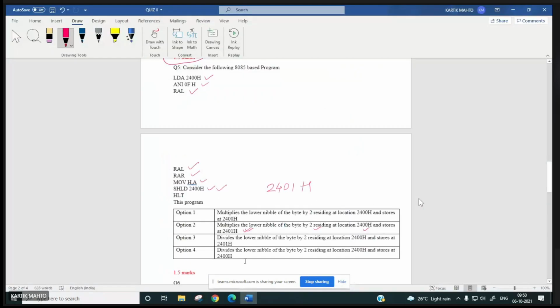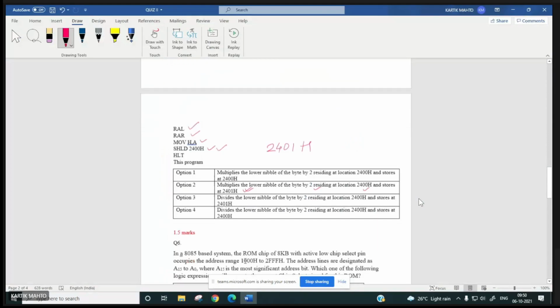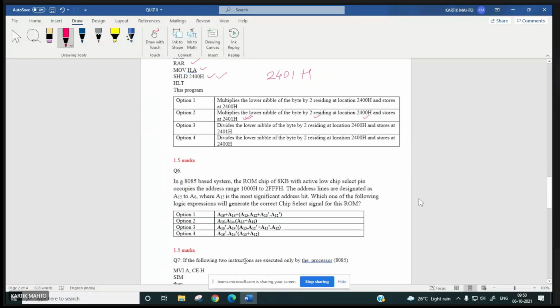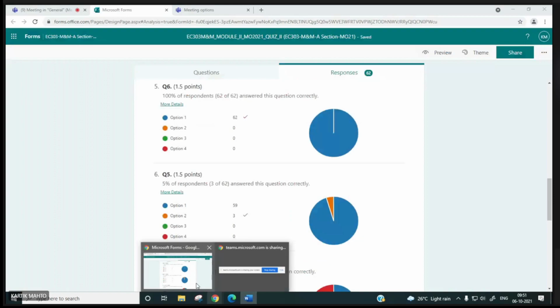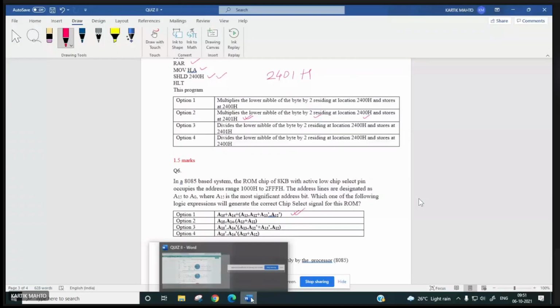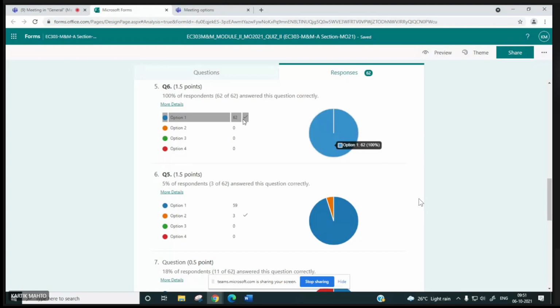That was question 6 you were showing. Now here, this option 1 is correct. What is question number 6? Question number 6. So option 1 is correct. So 62 of you gave the correct answer.